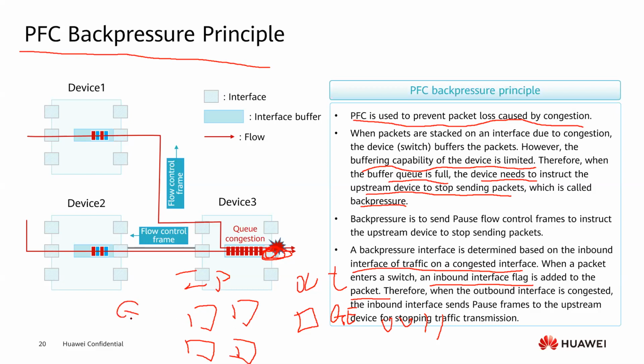For example, it may be GE0/0/2, 3, 4, 7, and when the congestion appears on this interface, it will send PFC frame to all the upstream interfaces from GE0/0/2, 3, 7, 4, to instruct the upstream device to stop sending the packet.